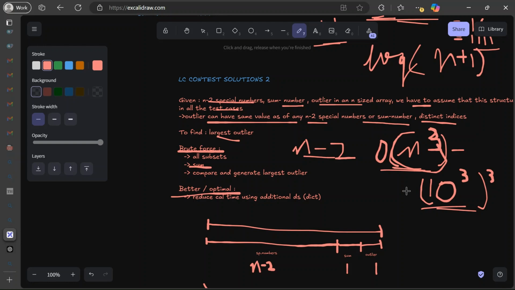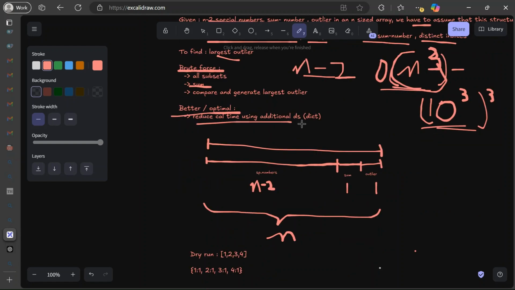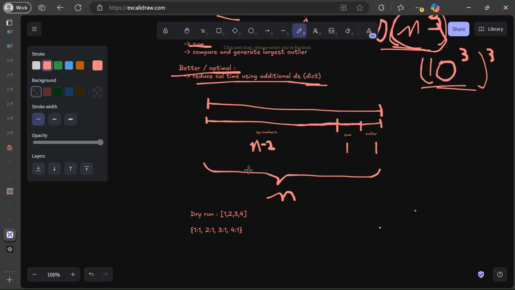It would be the same n cube. So let's reduce calculation time using an additional data structure, a dictionary here, same as hash maps in other languages, except Python.